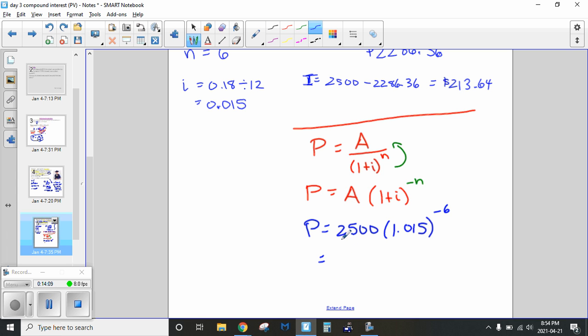And to type this in a calculator, I would say 2,500 multiplied by 1.015 raised to the exponent negative 6. And it does give the same answer. You can try both of them and see which setup you prefer. Both of them are totally fine. So therefore Max paid $2286.36 for his car.